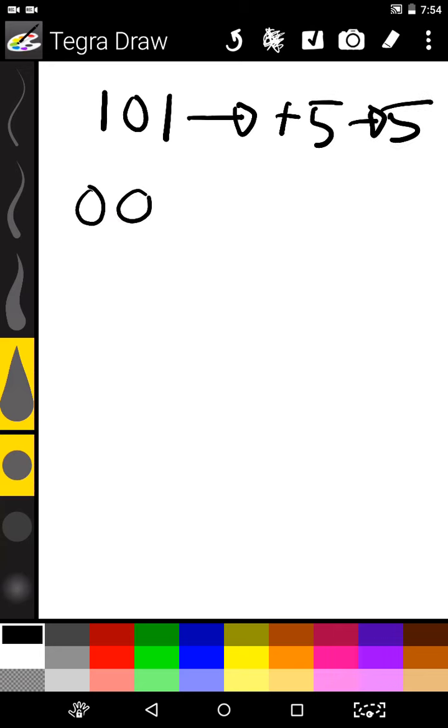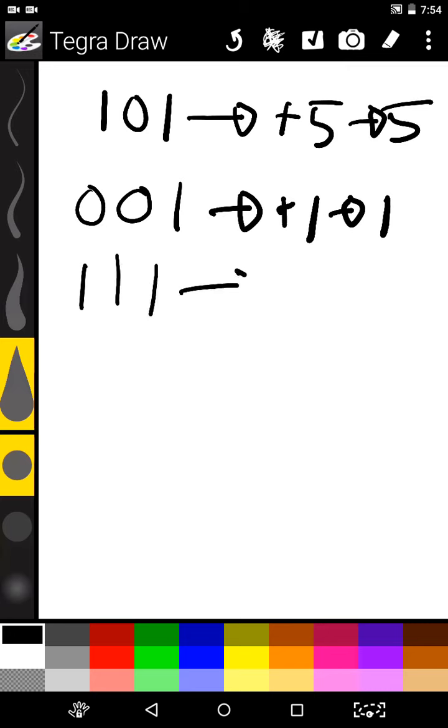Similarly, 001 represents plus 1, or by default 1. These are unsigned magnitude representations. Let's take another example, 111. In the 111 case, all 3 bits express the magnitude, so it represents plus 7, by default 7.